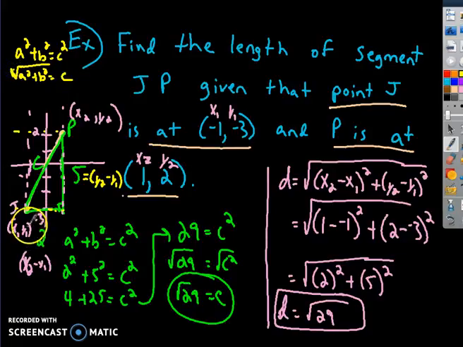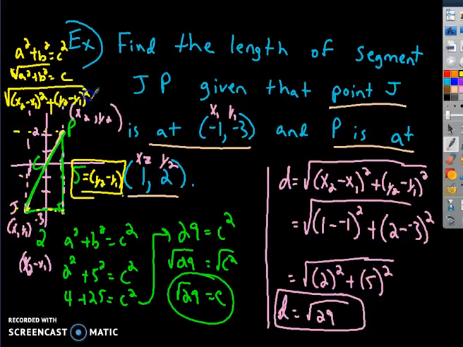Now, a is this length here, which is x2 subtract x1. So that's the square root of x2 subtract x1, squared, plus the other length, which is y2 subtract y1, squared, because a was getting squared and b was getting squared.